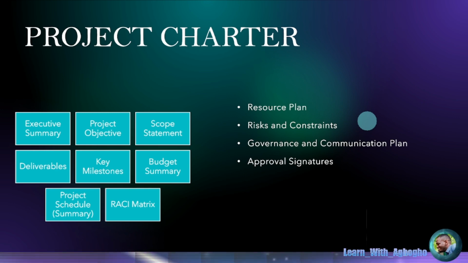For you to be able to create a project, you need a living document called the project charter. In the project charter, you are expected to have your executive summary, the project objective, the scope statement, the deliverables, the key milestones, the budget summary, the project schedule summary, and the RACI matrix. Included in that same document are the resource plan, risk and constraints, governance and communication plan, and approval signature.